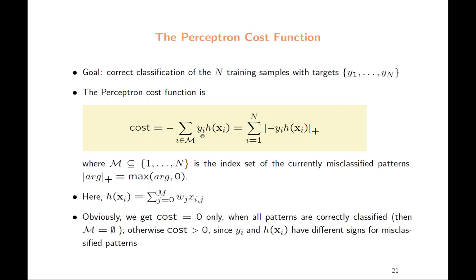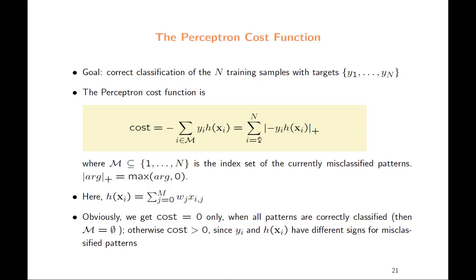And the cost is the product of the true output in the training data, yi, multiplied by h of xi. Obviously they must have different signs. If they had the same sign, they would not be misclassified. And so this is a negative value. Negative of negative is positive, so it contributes as a positive term to the cost function.